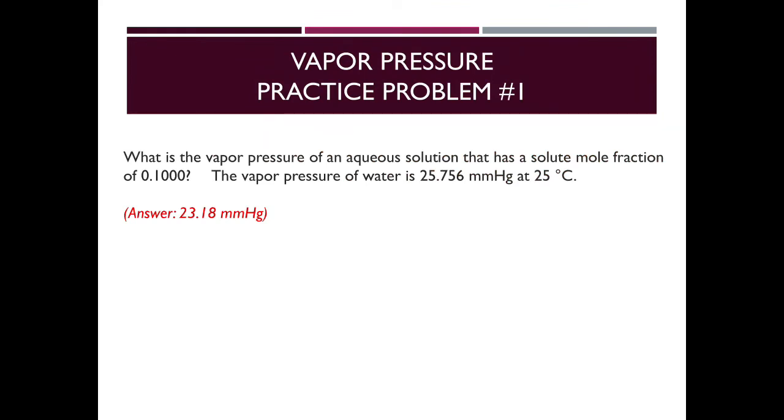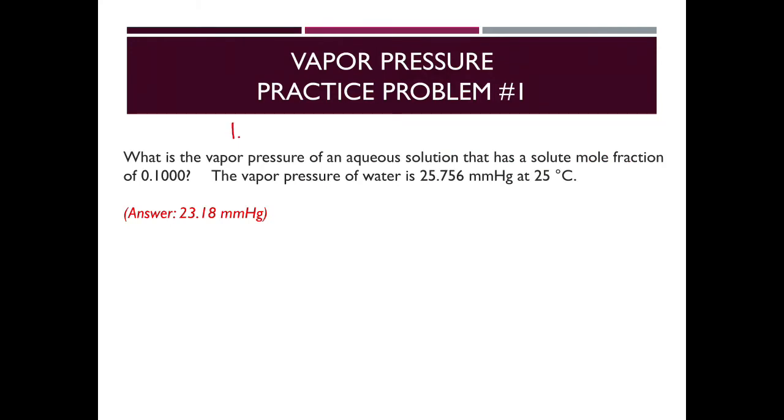So here's our example problem. It says, what is the vapor pressure of an aqueous solution that has a solute mole fraction of 0.100, and the vapor pressure of water is 25.756 millimeters of mercury at 25 degrees Celsius. If you remember way back from when we did gases, our mole fractions will always add up to 1, kind of like percents always add up to 100.